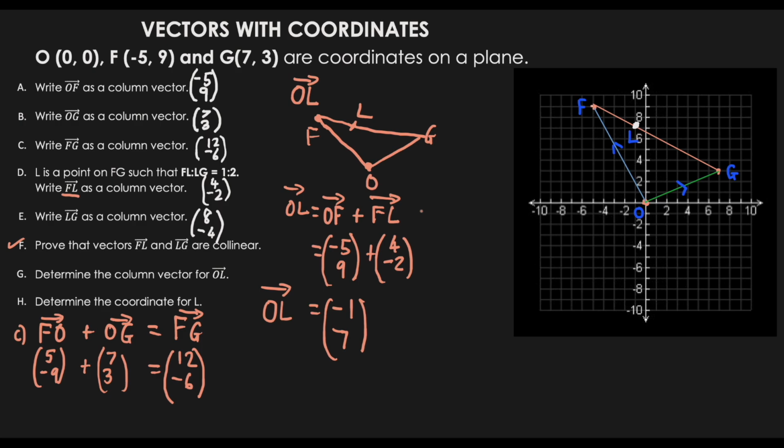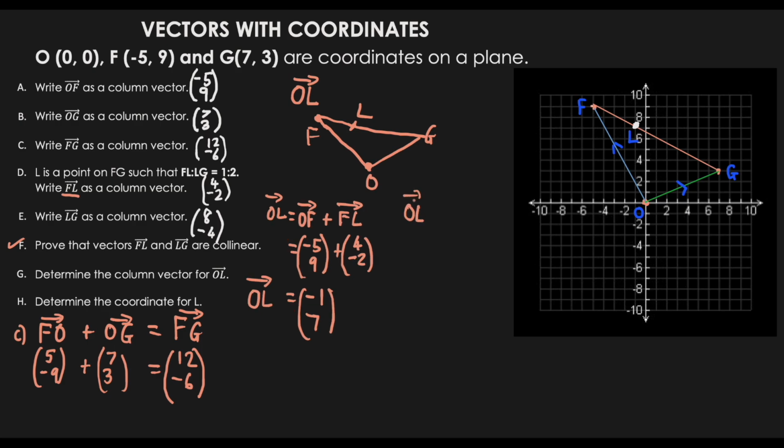Let's try that differently with our other direction, because we could go O to G plus G to L. So O to L can also be written as OG plus GL. Do we have OG? Yes, we do, which is (7, 3). We can also work out GL because we have LG. LG is the inverse of GL, similar to what we did with OF.